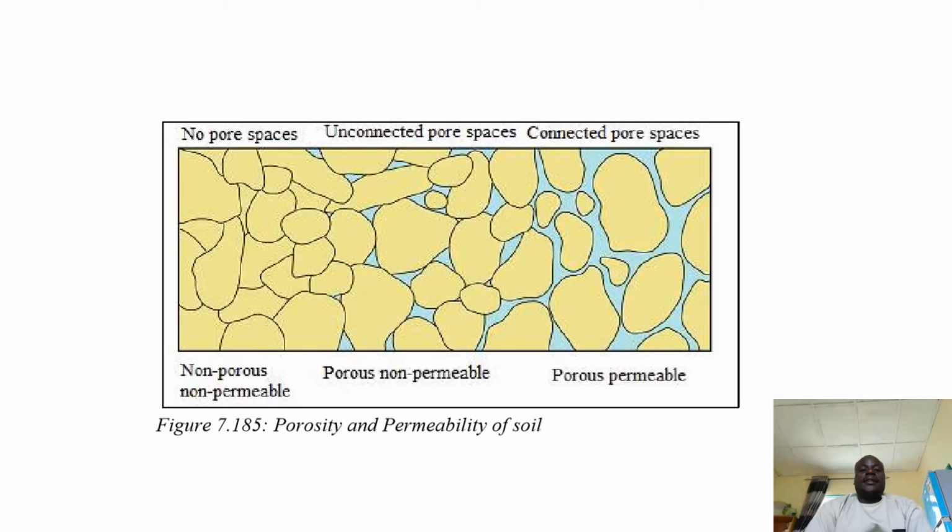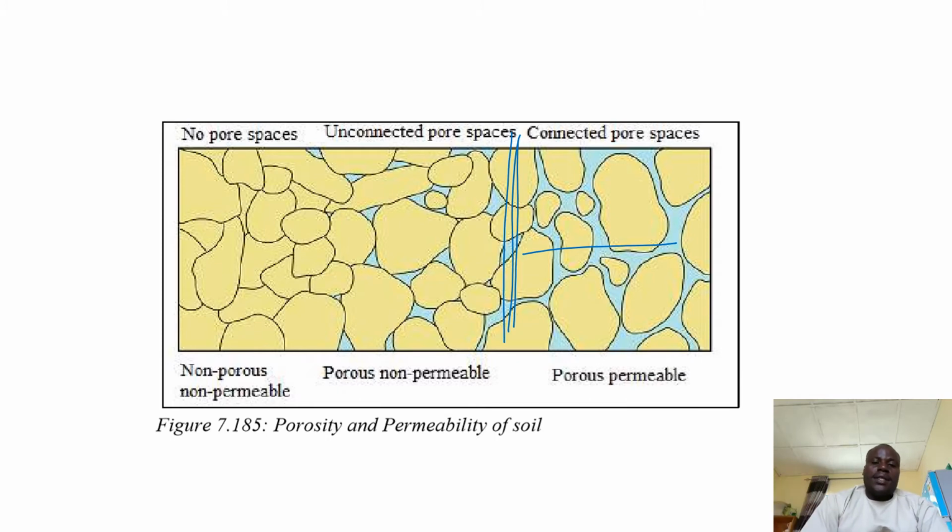I think this diagram, when you look at it, you can easily divide it into 3 parts. If you look at this part on the right side, there are big pore spaces. The soil is porous and permeable. If you pour water, it easily goes through.